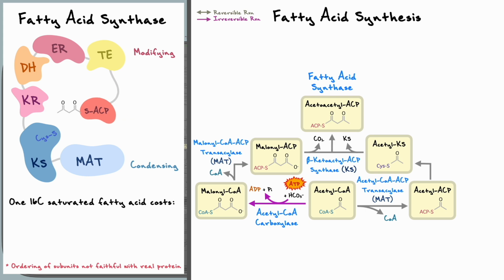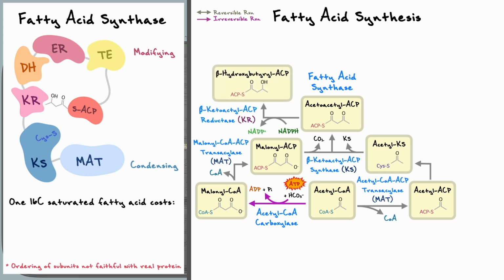Now, this compound can be moved to the modifying domain, where the goal will basically be to remove the second ketone group, or in other words, this double bond to oxygen, here shown by the red arrow on the right. The first reaction to do so is mediated by beta-ketoacyl ACP reductase and uses NADPH to reduce the ketone group to an alcohol.